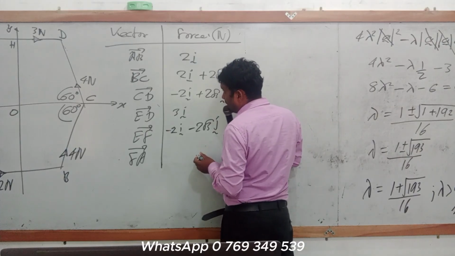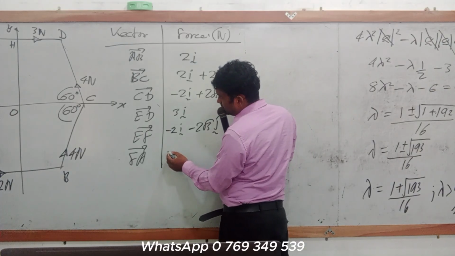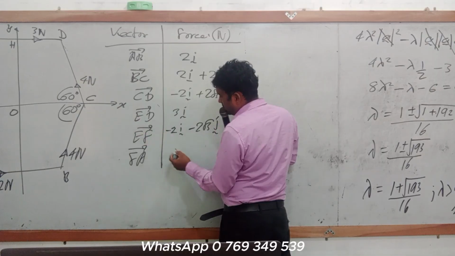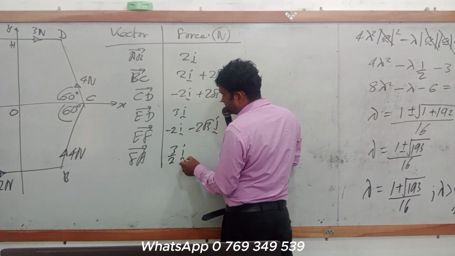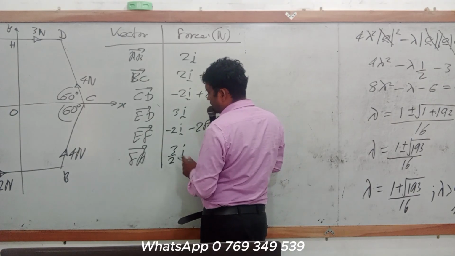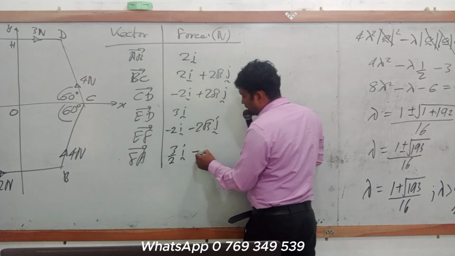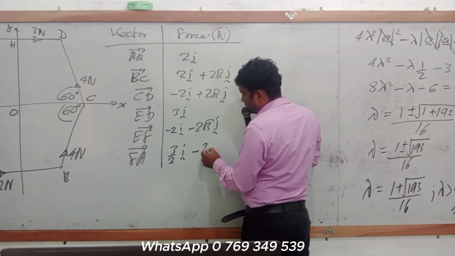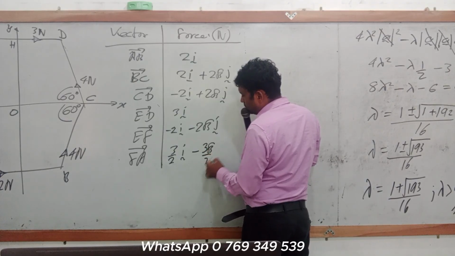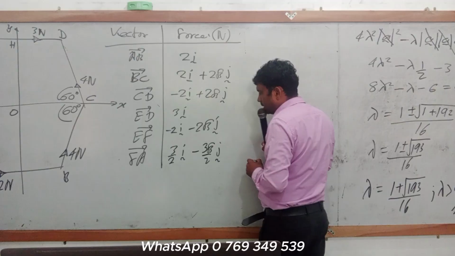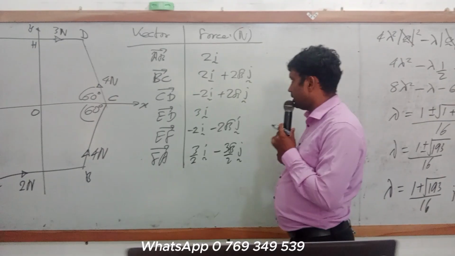FA: FA is 3 newton cos 60, 3 over 2 i, that is minus, plus, minus 3 root 3 over 2 j, right?